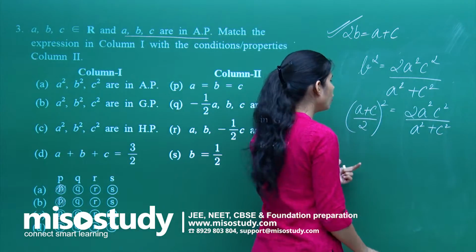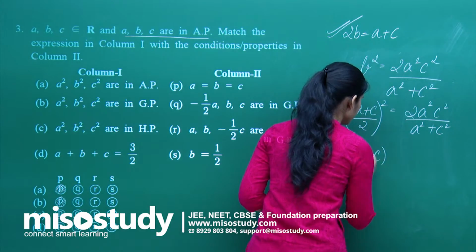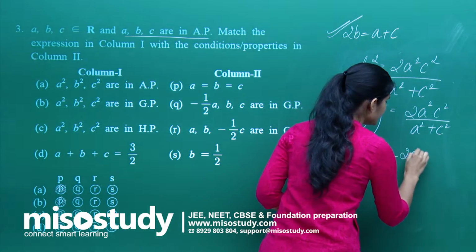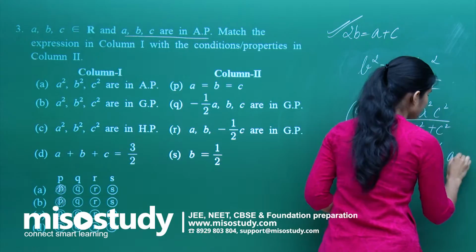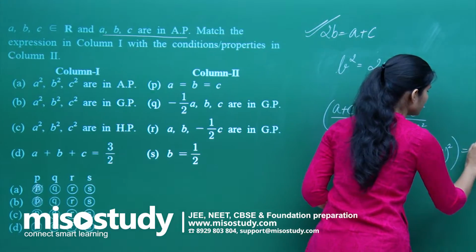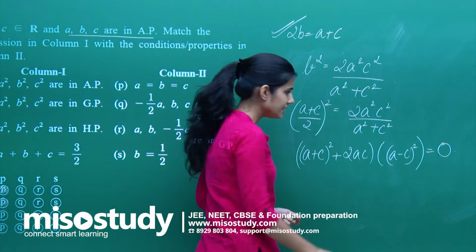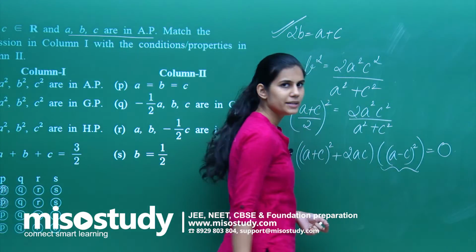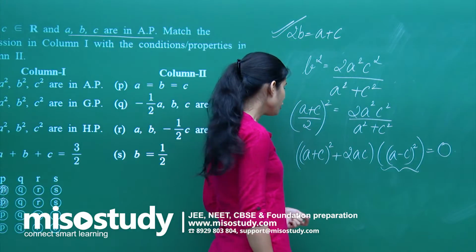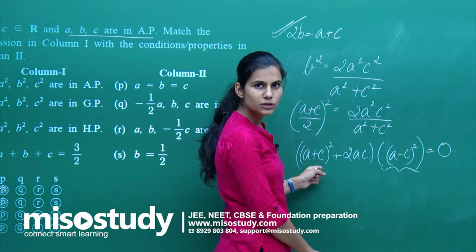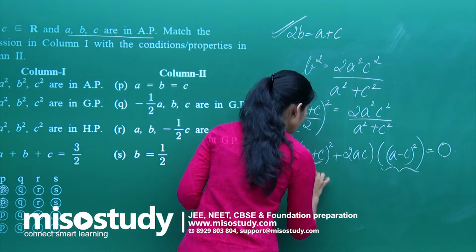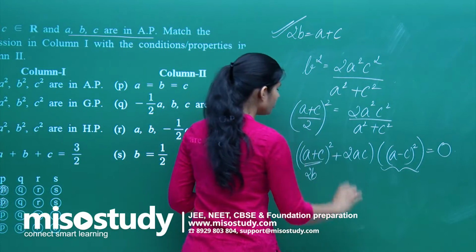Fine. Now when you simplify, you get ((a plus c) whole square plus 2ac) multiplied by (a minus c) whole square equals 0. Again you get either a equals c, which eventually would mean a equals b equals c, or if this is equal to 0, a plus c will be replaced by 2b.